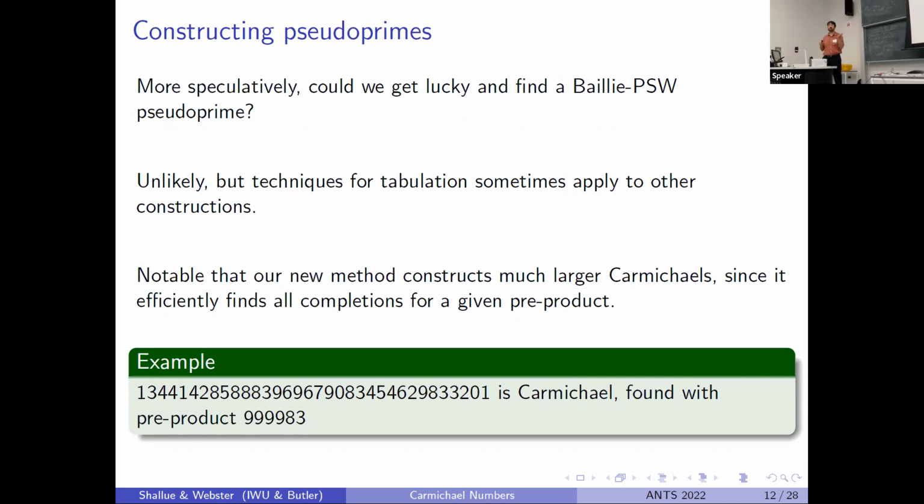It's become the standard for primality testing. And notably, we have no examples of a Baillie-PSW pseudoprime. We have failed tabulations, so we have lower bounds: there are no Baillie-PSW pseudoprimes up to certain bounds. We have no proof that they exist, no proof that there are infinitely many, no proof that they don't exist. It's just wide open.